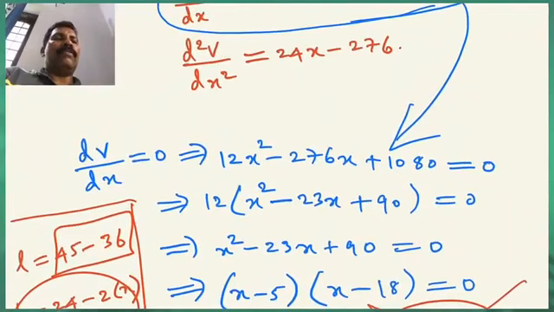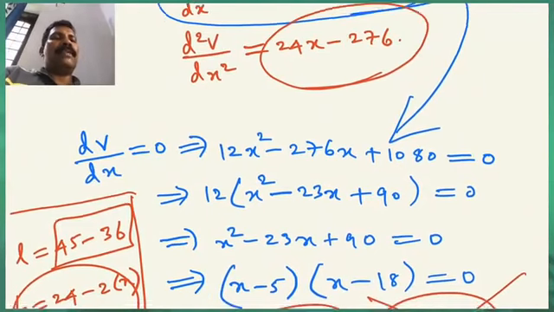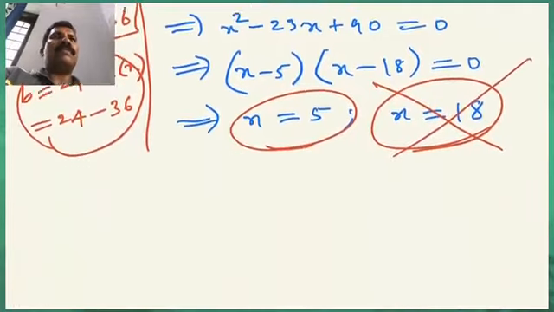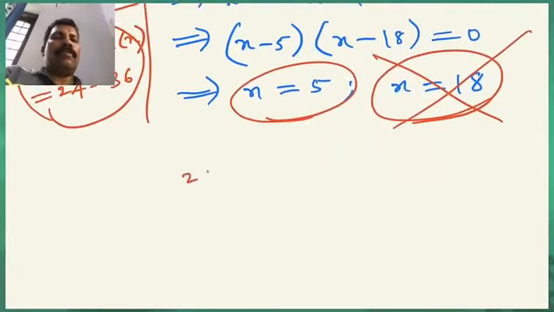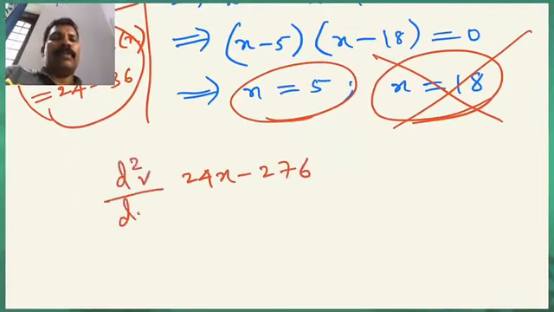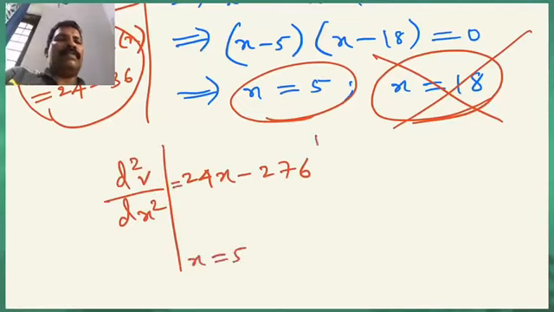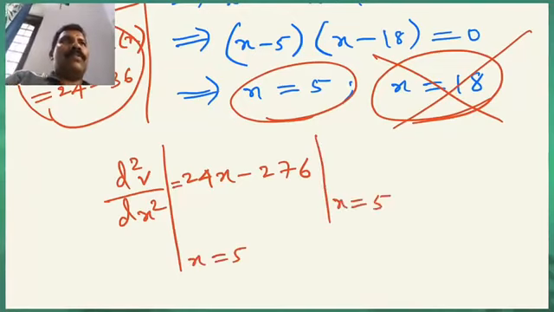Now we have the second derivative. What is the second derivative? This is the second derivative, and that is 24x minus 276. We have to substitute x equal to 5 here.